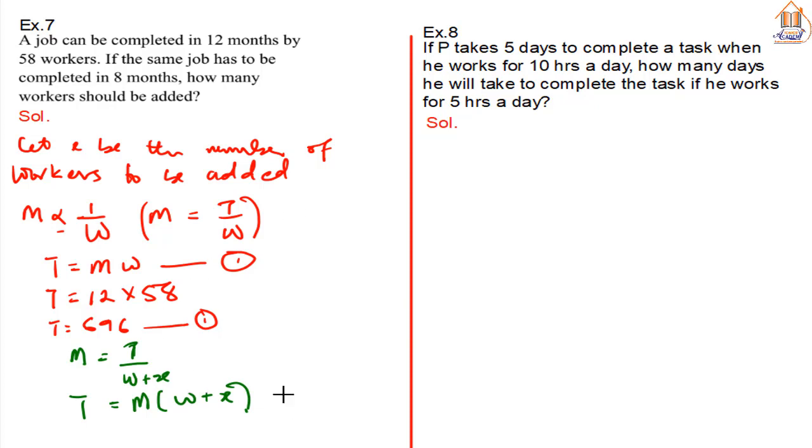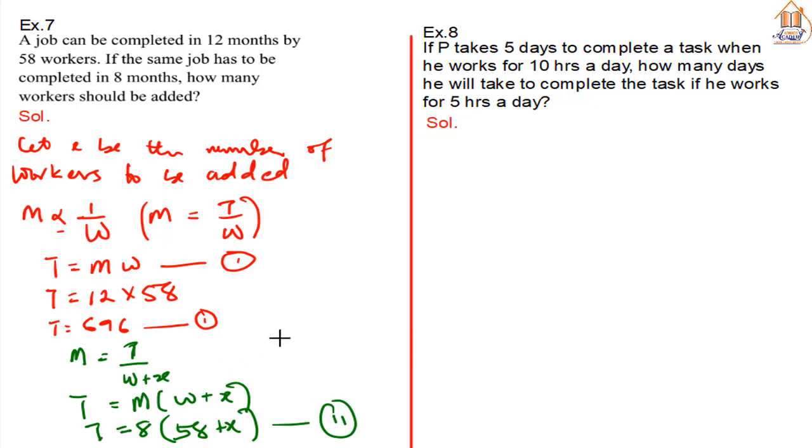Therefore, our T is equal to our M from the question, which is 8, open bracket, the existing workers, which is 58, plus the number of workers to be added, which is X, close bracket. Now let's call this equation 2.